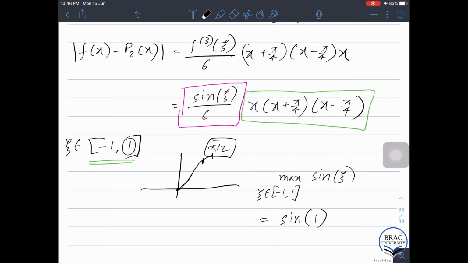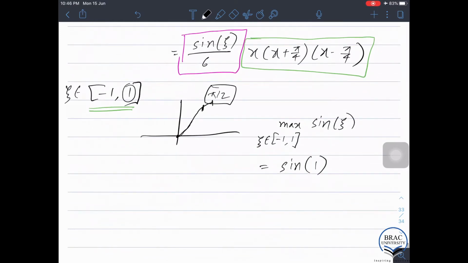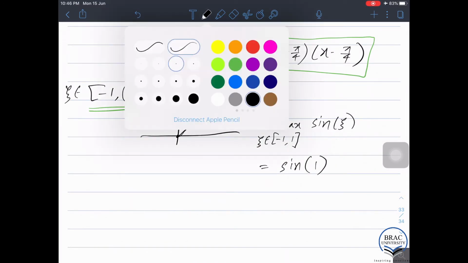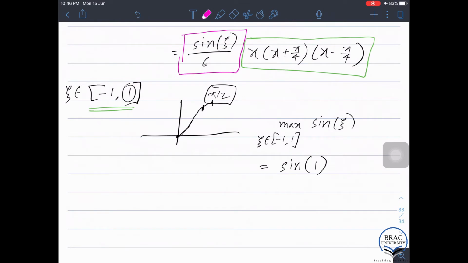If you want to calculate this value exactly, you can do it on a computer or your calculator. So this pink part is done. This is nothing but sin 1 / 6.